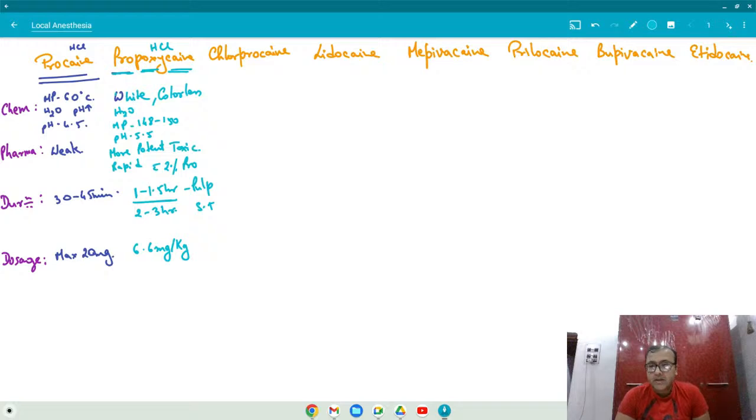That means if there is a 70 kg person, the average weight that we consider of a male, it will be somewhat more than 420 milligrams.